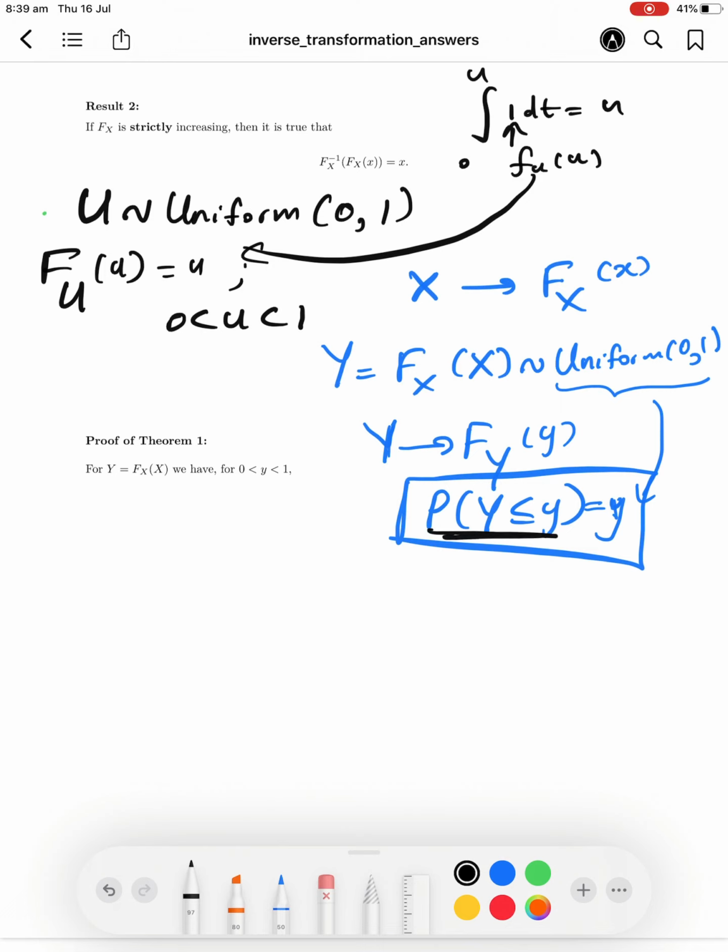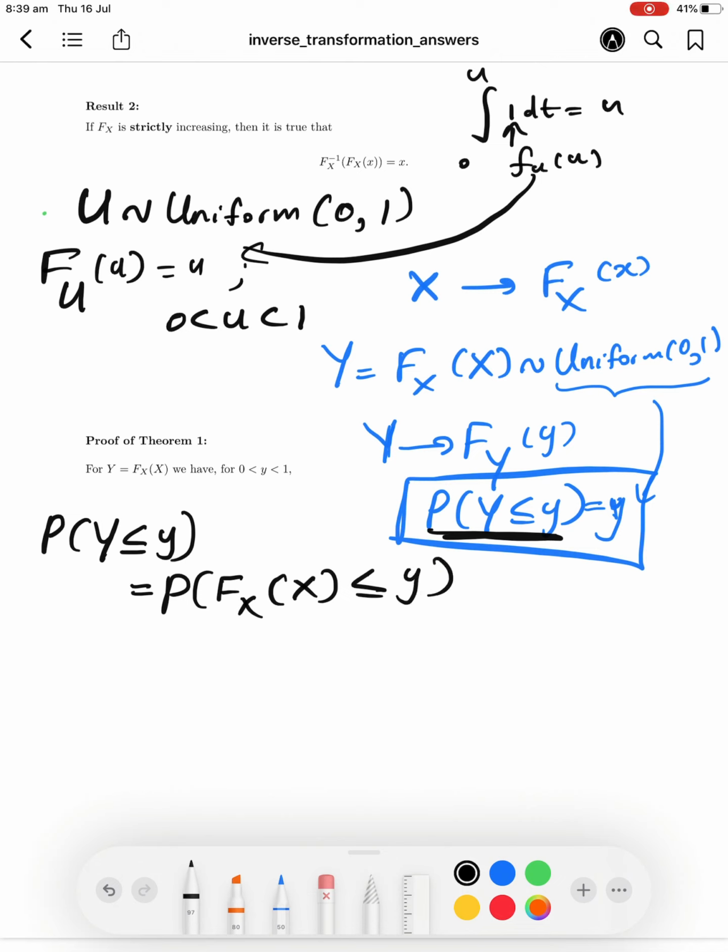Okay. Let's start from this side. Probability y less than or equals simple y. I can substitute for y, probability Fx x less than or equals simple y, using this. Now let's take the inverse from both sides. Fx x, and I take the inverse of this one.